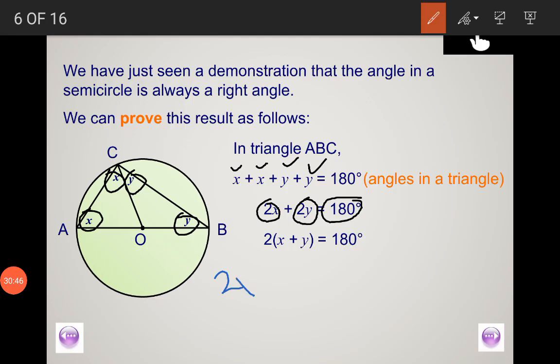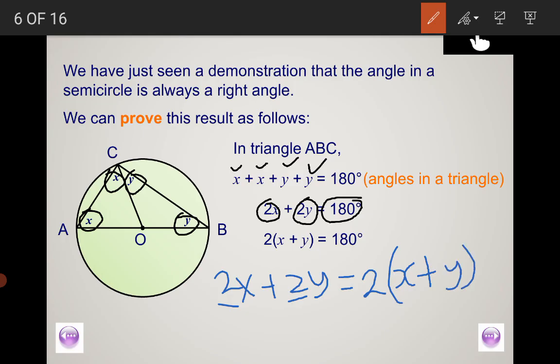We have 2x plus 2y on the left hand side. So this 2 is common. You can take it out by factorization. So you have 2, then in brackets, x plus y. That's what is being shown here.